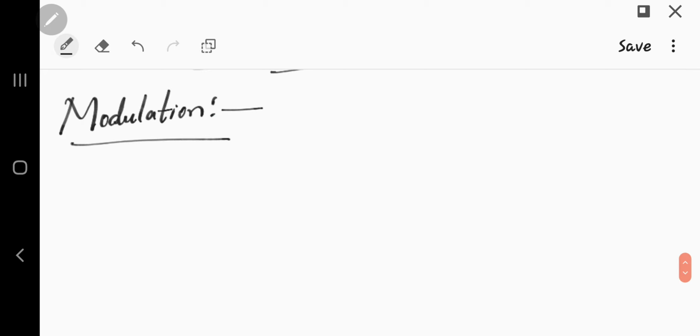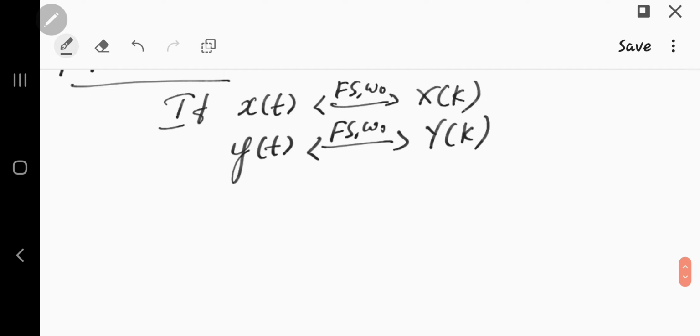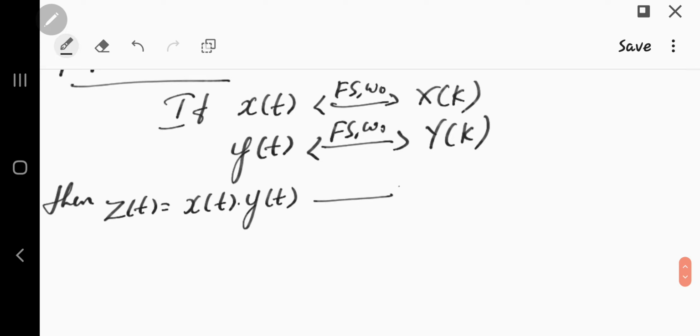So let's move to the next one, that is the modulation property. So what does it say? If x of t gives x of k and y of t gives y of k, then z of t is equal to x of t into y of t.